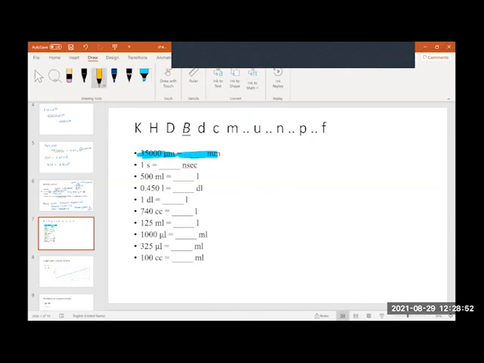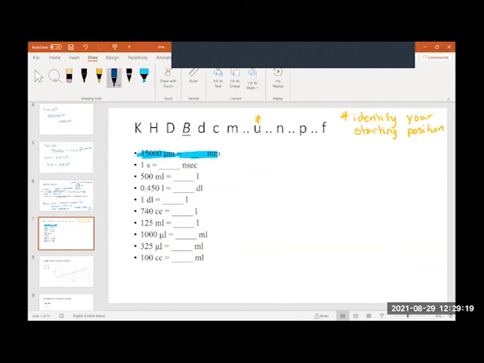Our first step is identify your starting position. So we want to start from micro. Here's our starting position.